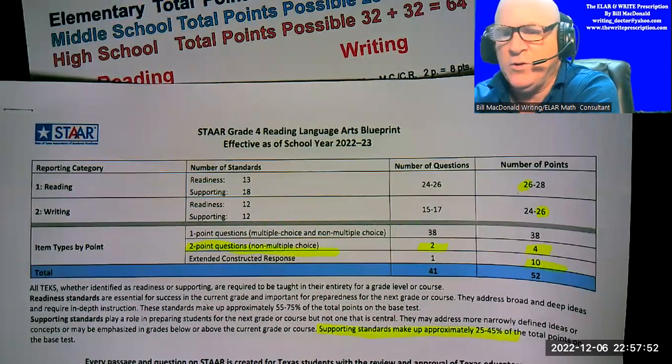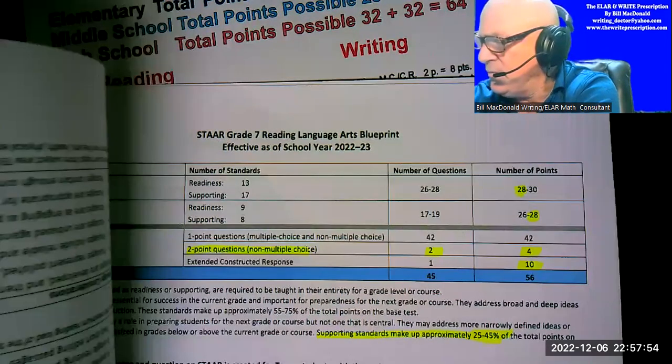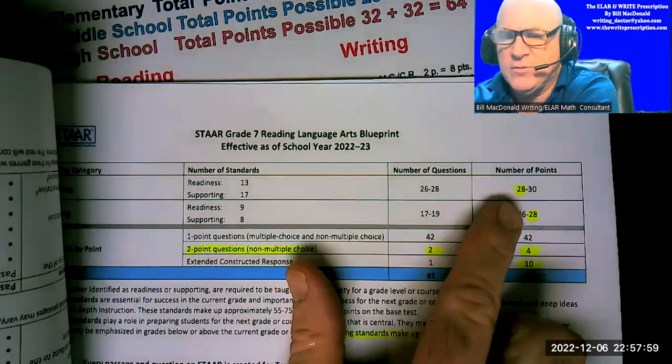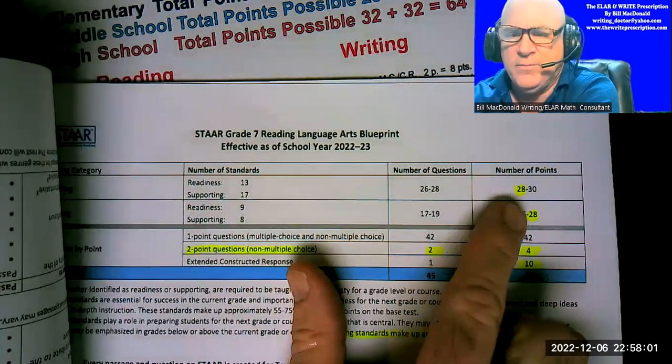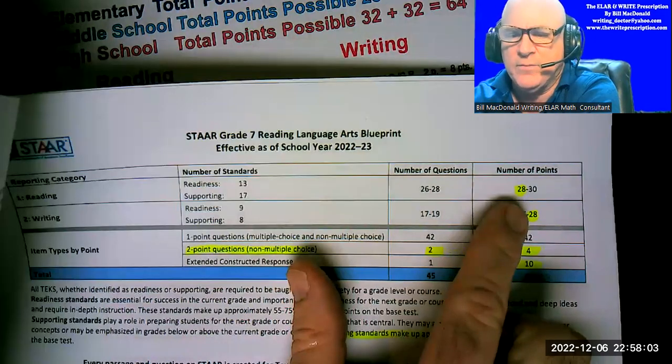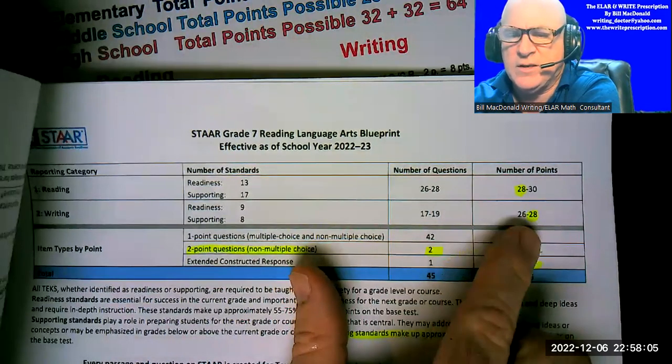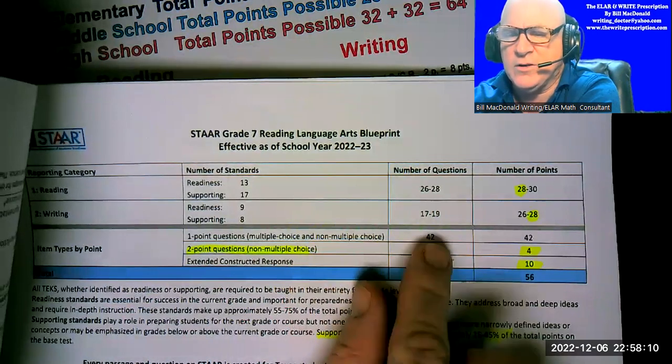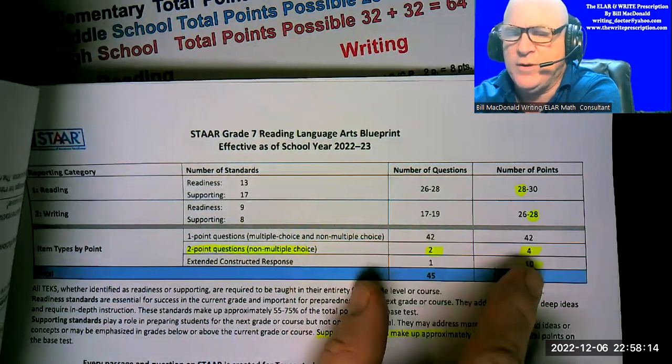So when you do the same thing for middle school, you see the lowest amount of points is 28 for reading and 28 for writing. Times 2 is 56. Again, it's the 2 points for non-multiple choice, a total of 2 questions, total of 4 points.